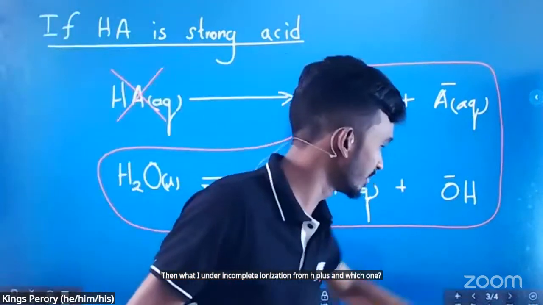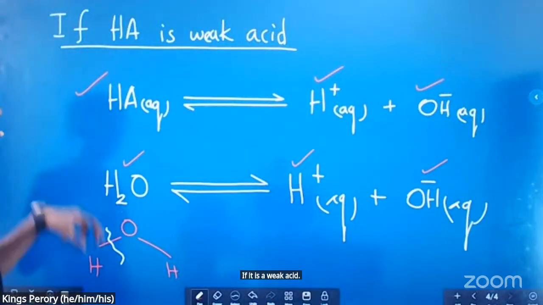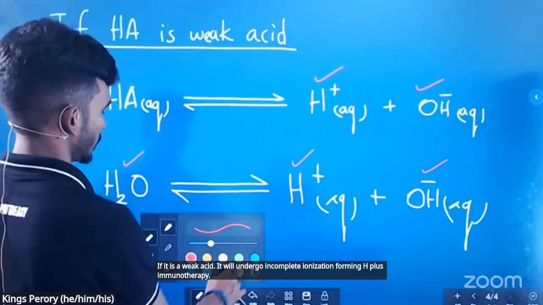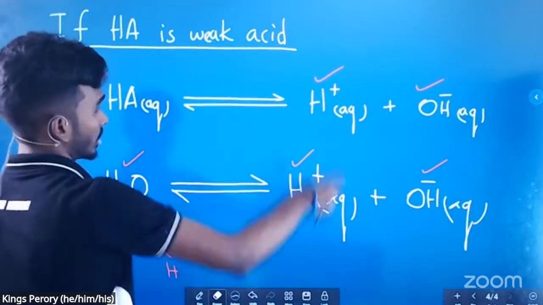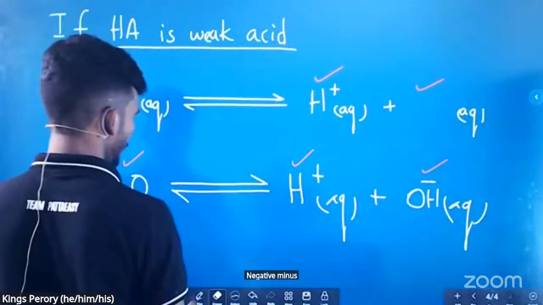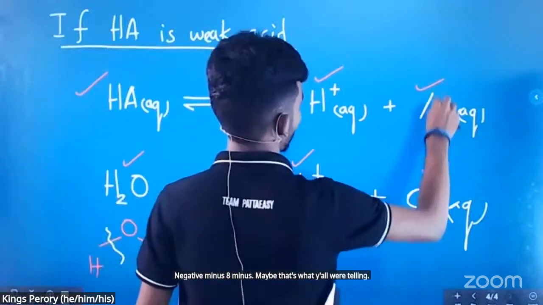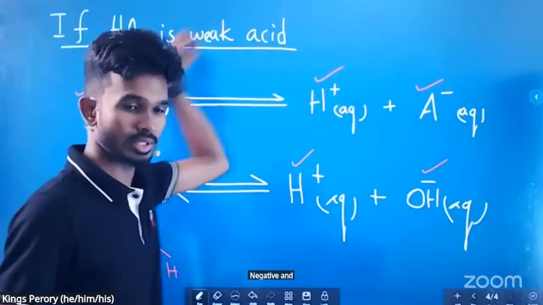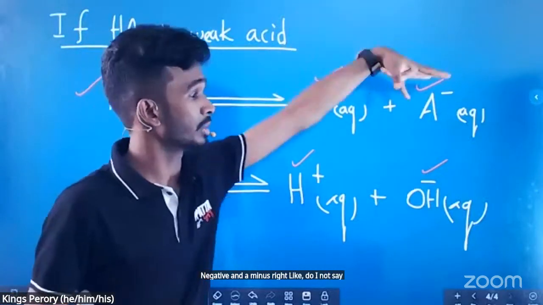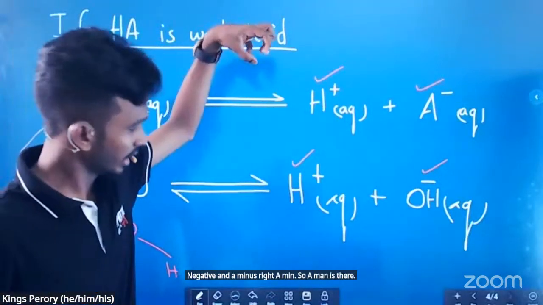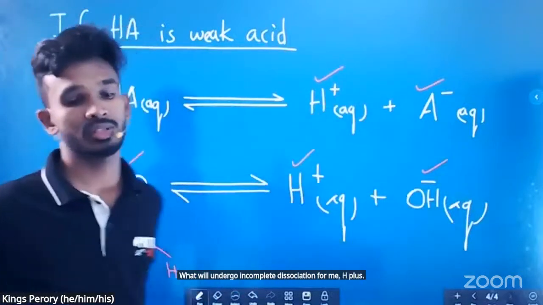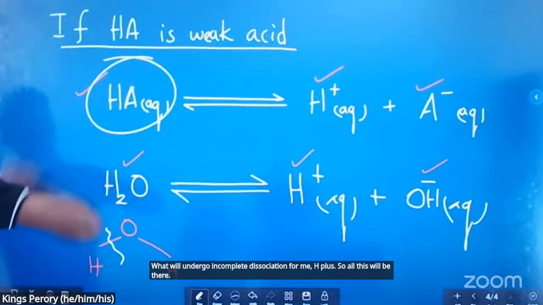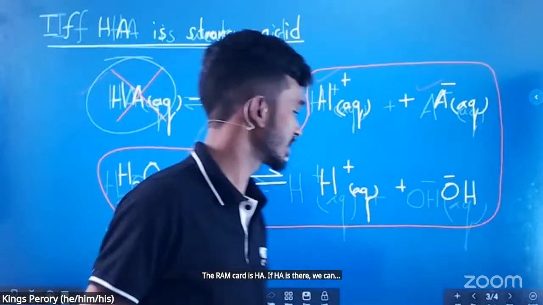If it is a weak acid, HA will undergo incomplete ionization forming H plus and the negative ion A minus. So A minus is there. Water will undergo incomplete dissociation forming H plus, OH minus. So all this will be there. So the trump card is HA. If HA is there, weak acid. If HA is not there, strong acid.